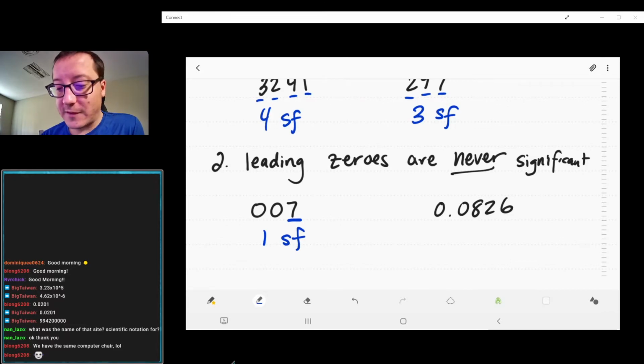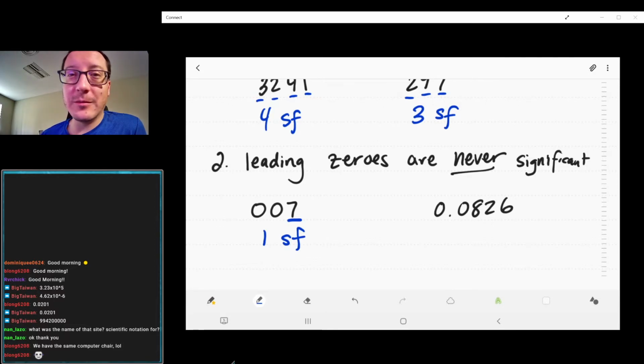So normally if you say, I have 7 bananas, you don't say I have 007 bananas. Why? There's really no point at all. You can already tell that putting zeros there does not alter the significance of your measurement at all.